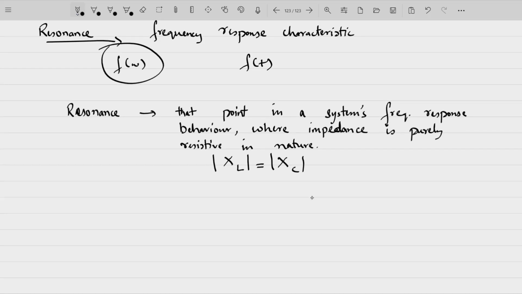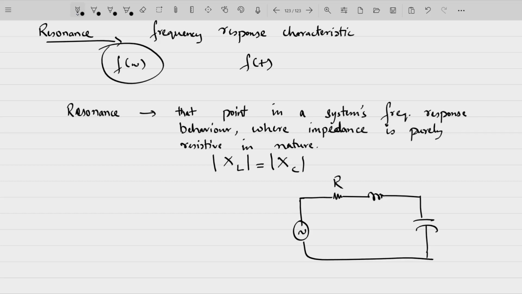Fine. Since we'll be first discussing the series resonance, we will take a series RLC circuit. The inductor has a reactance of j omega L, the capacitor has a reactance of 1 by j omega C, and you are applying some voltage to this circuit, because of which some current I is flowing in this circuit.